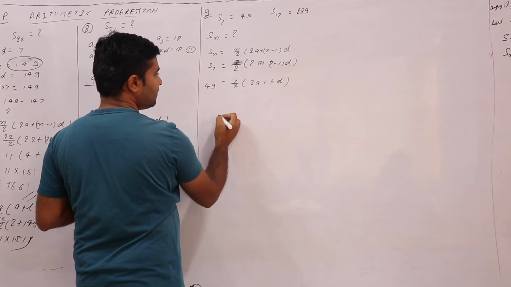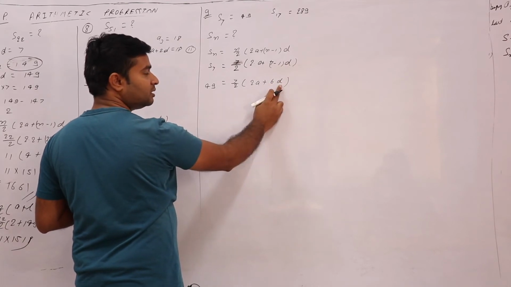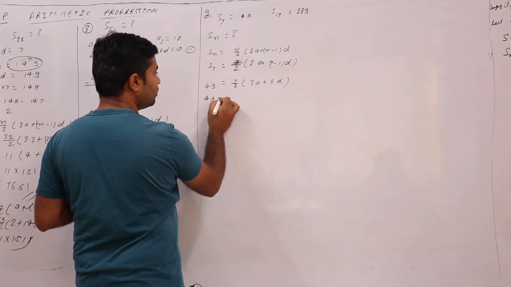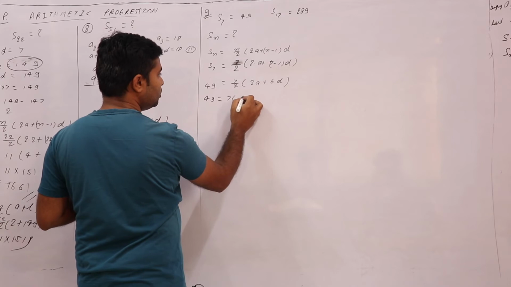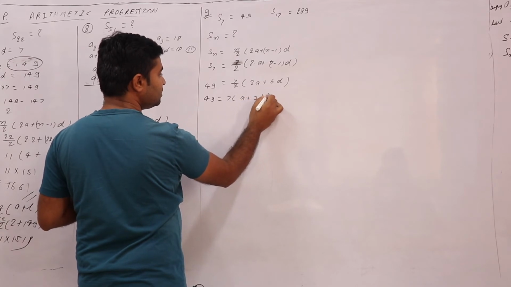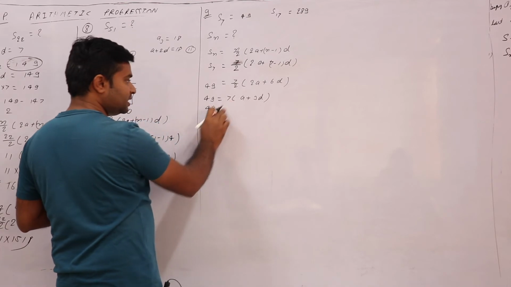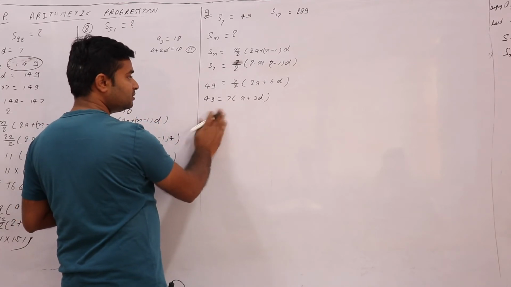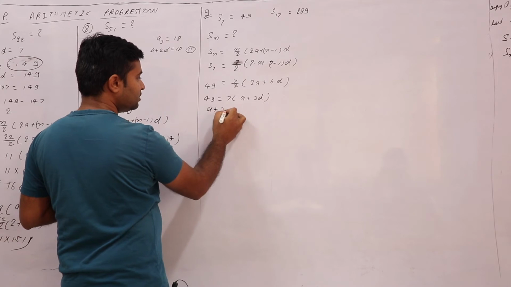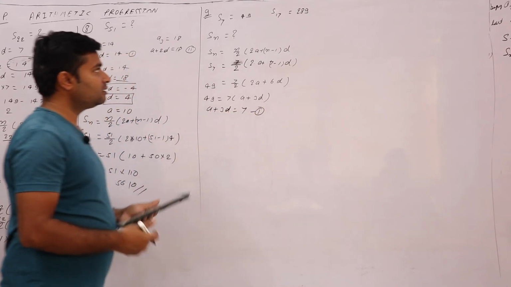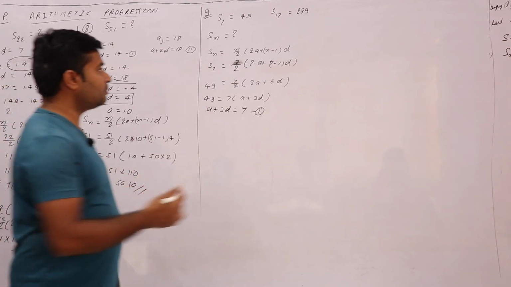We can remove the 2 from here, so 49 equals 7 into a plus 3d. Bringing the 7 to this side, a plus 3d equals 7. This becomes equation number 1.